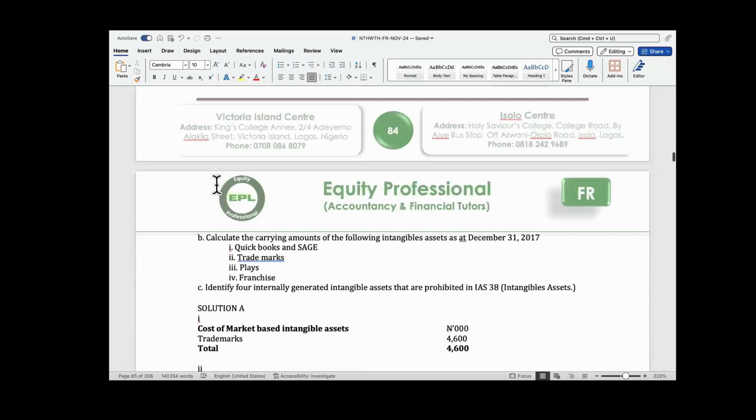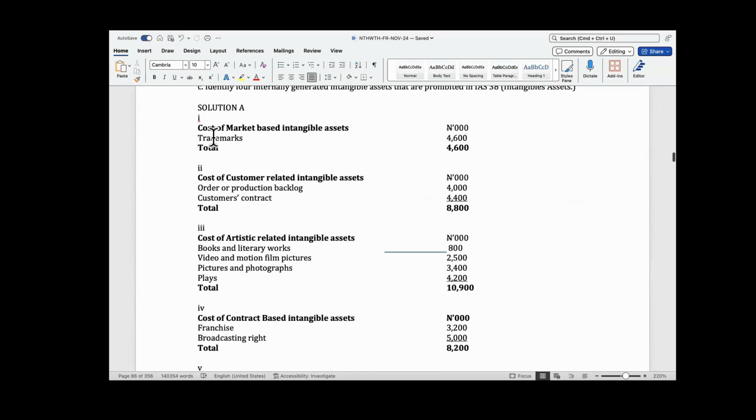So this is how I've arranged it here. I put only trademark in markets. I put order or production backlog and customer contracts in customers. I put all these other ones in artistic. Then I put franchise and broadcasting rights in contract based.